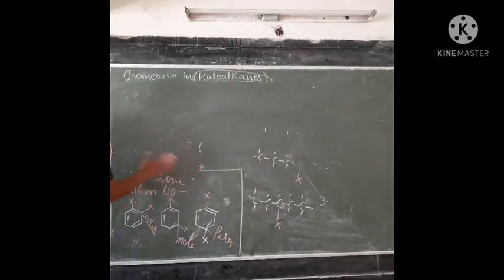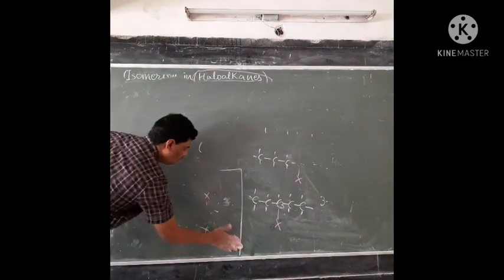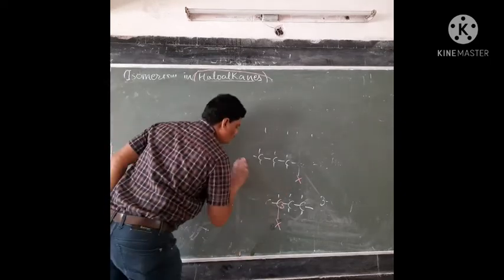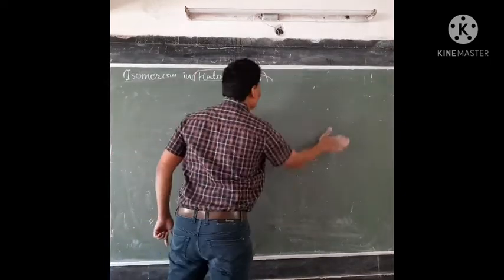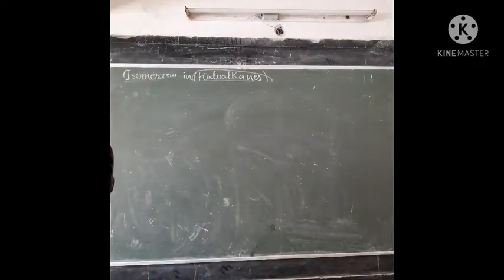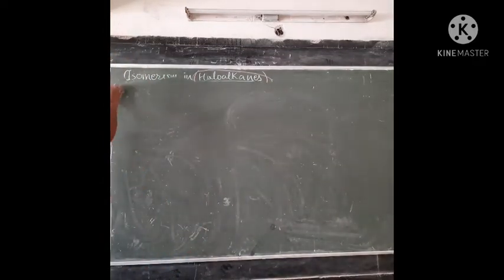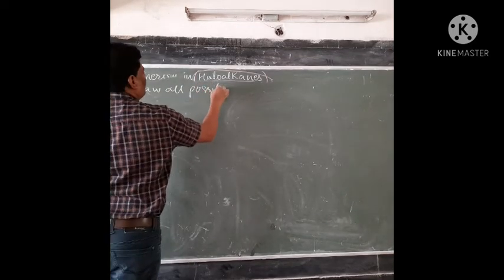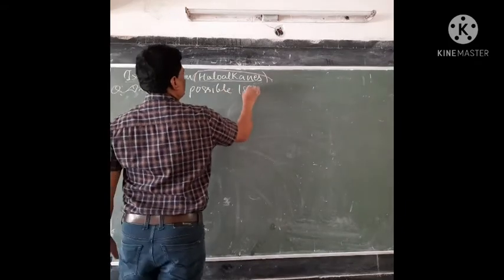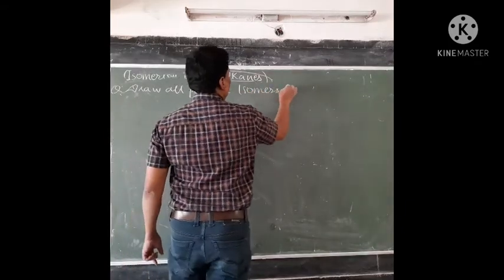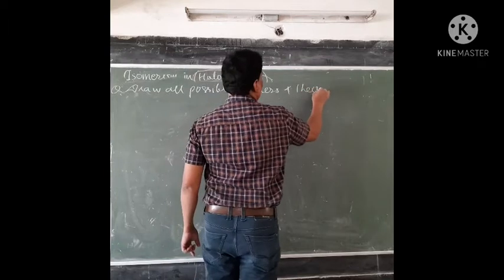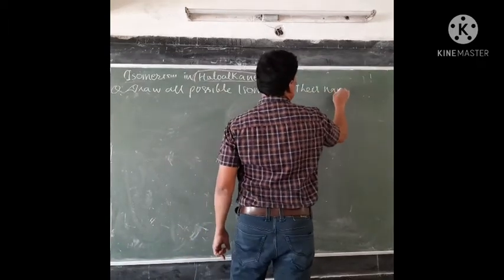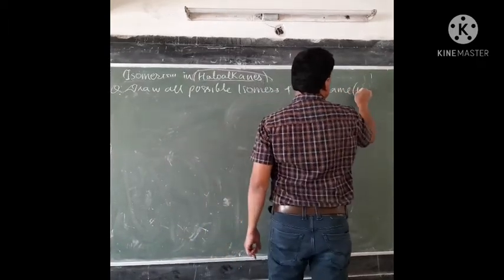Student, there is a question in our NCERT book. The question is, draw all possible isomers and their names. Which name?